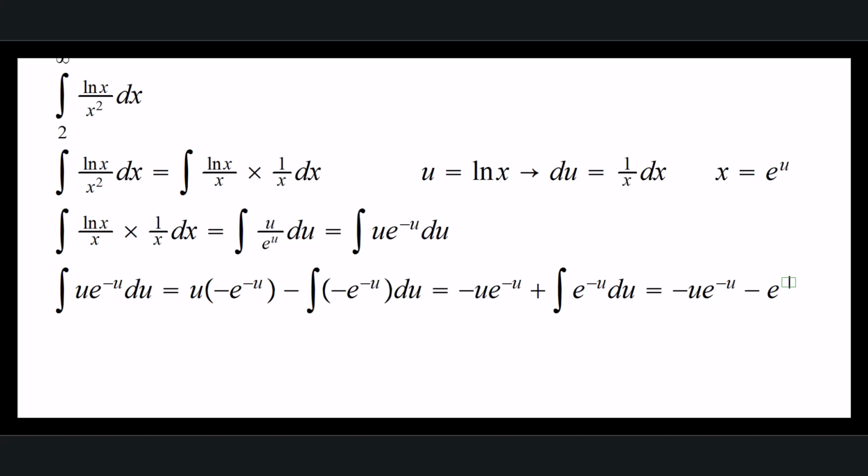So here the first term remains the same, and this one becomes negative e to the negative u. I'm not taking the constant into account because we are going to look at a definite integral.